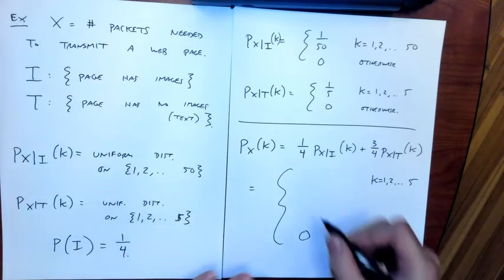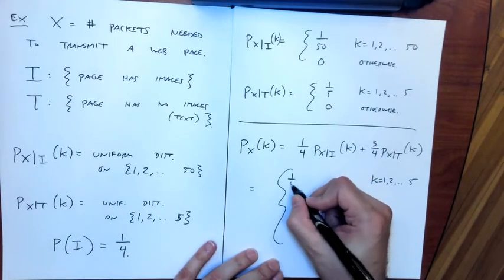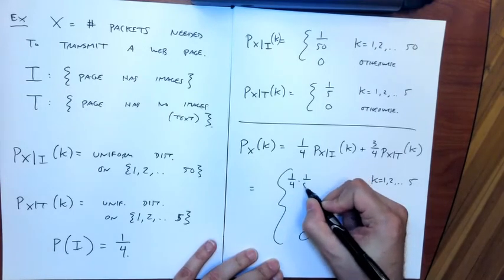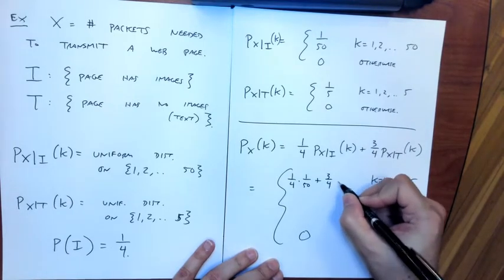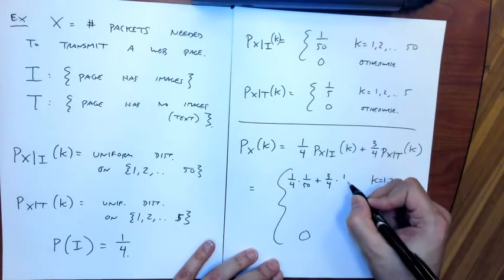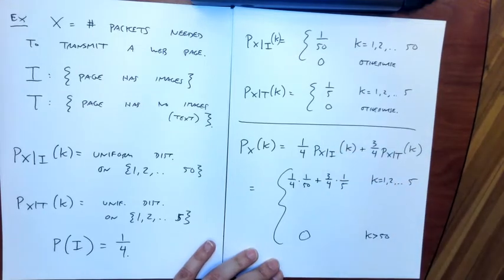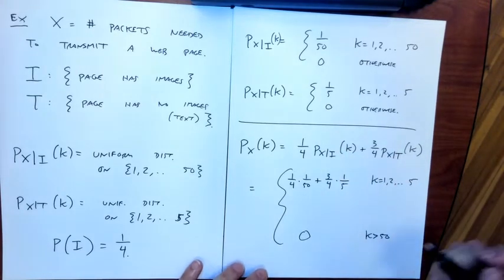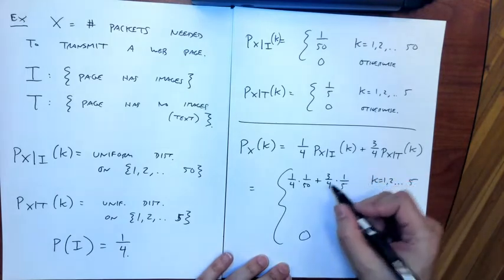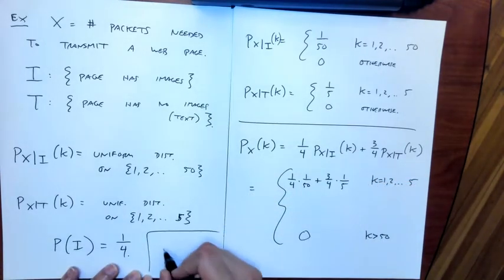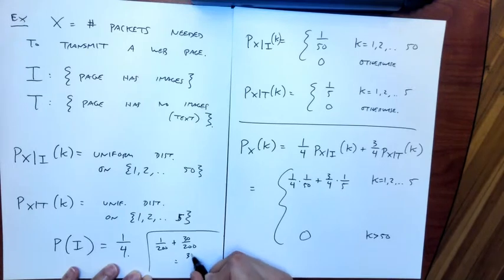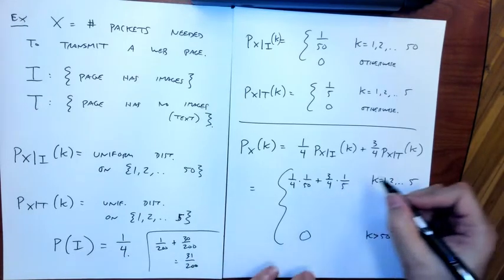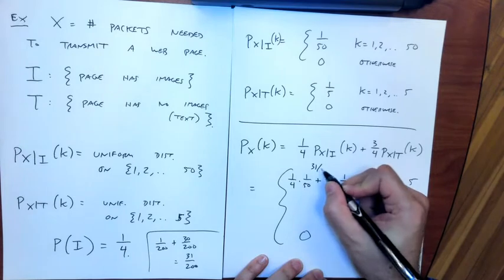Either I'm an image page, which is probability 1/4, and then the PMF is 1/50, or I'm a text page, and the PMF there is 1/5. Right, so let me do some quick side math: 1/200 plus 3/20 is the same as 31/200. Right, so this number here is 31/200.